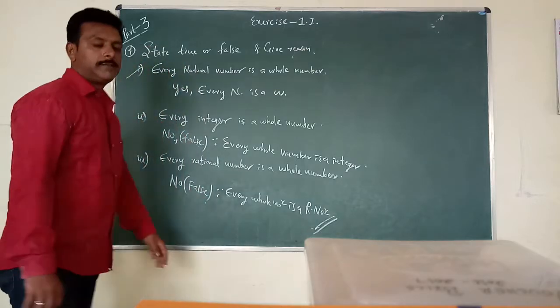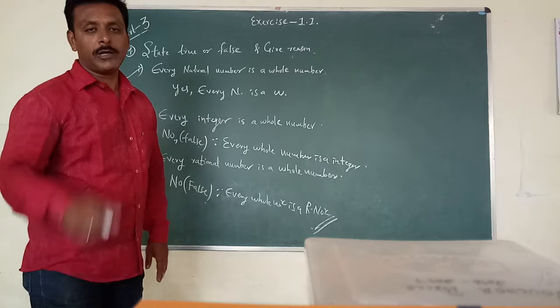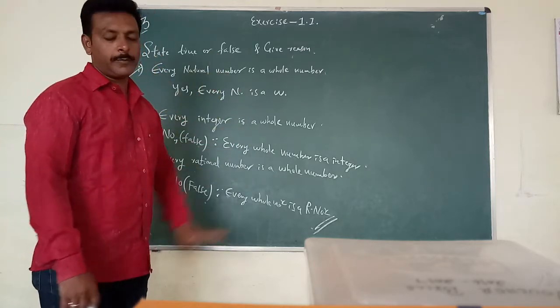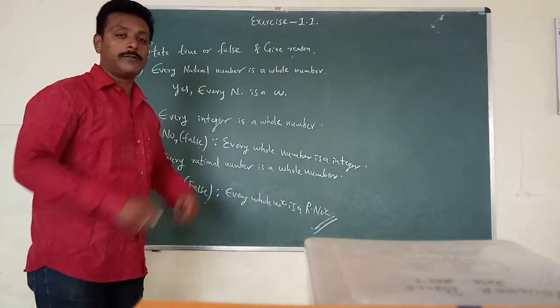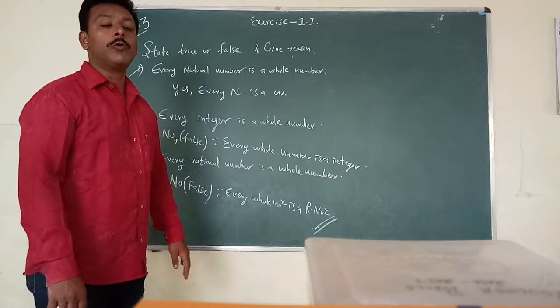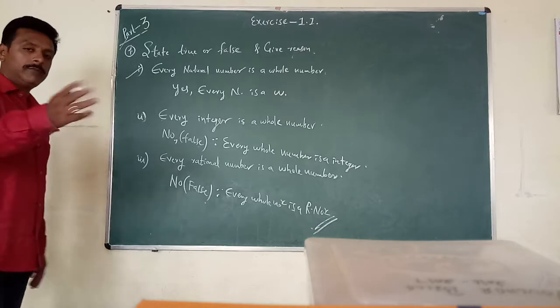So this is end of exercise 1.1. I think all of you understood how to solve it. Once again watch the video properly. Once again you also try to get the answer by solving on your own. Okay, similar type of questions I will give you as homework later. Okay, so we will continue next.